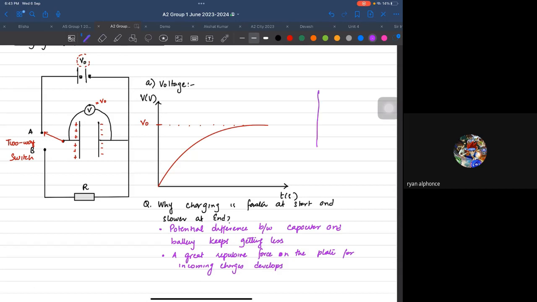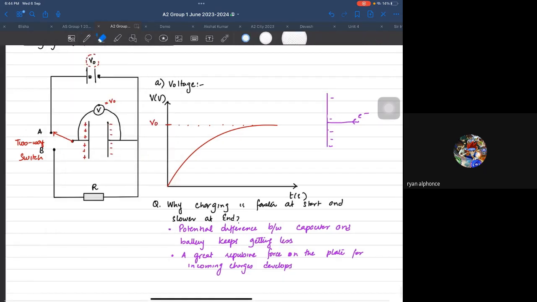This is your plate. Already it's filling up, and now more electrons want to enter. As there are already so many electrons, and negative charges repel negative charges, it's going to try to stop these electrons from coming in. So the capacitor is getting full in that case, right?